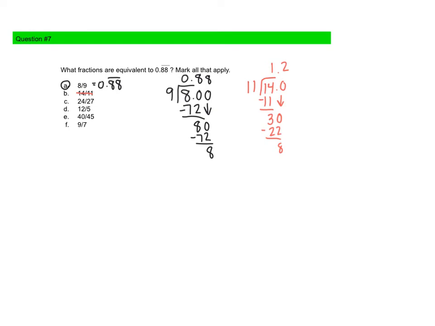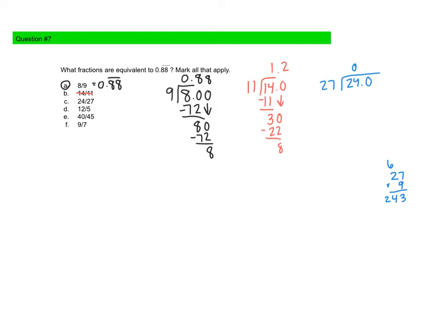C, I have 24 divided by 27. Well, 27 will not go into 24, so I put a placeholder, or I put a 0. 27 going into 240. Well, I got to do some math there, so I know 27 times 10 is 270. So I'm going to try 27 times 9, see if that works. 9 times 7 is 63. 9 times 2 is 18, plus 6 is 24.